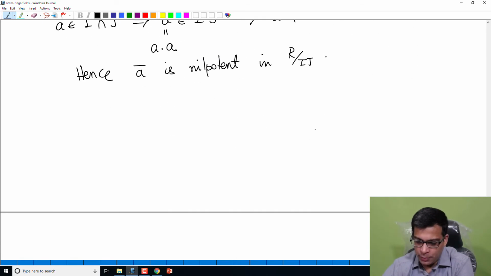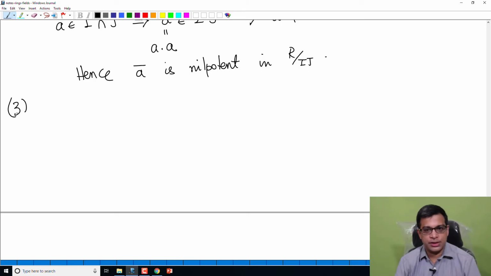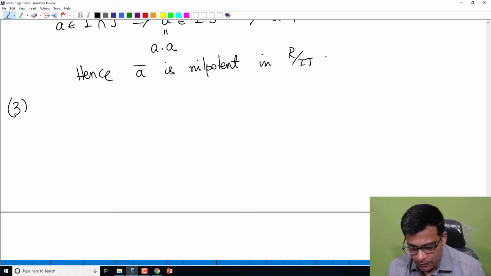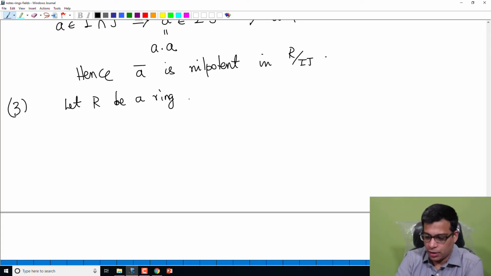So the next problem I want to do is building on this notion of IJ and the quotient ring R mod IJ. Okay, so let me now do the following. Let R be an arbitrary ring. This is as before. In the previous problem also we started with a ring.